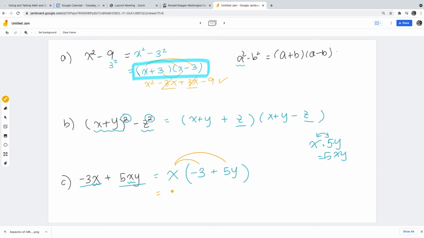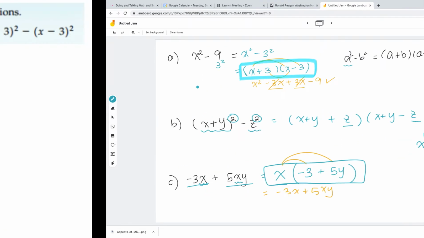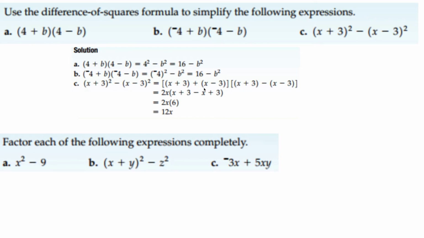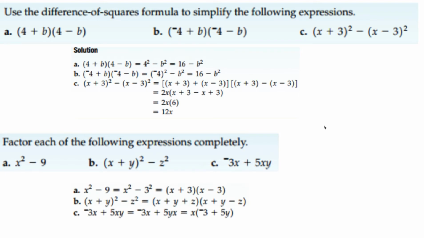So x times negative 3 is negative 3x, and x times 5y is 5xy, which I already showed you right here. I see these are exactly the same thing, so yes, my answer here is correct. So that's what you can do. Okay, so we are done with factoring completely.